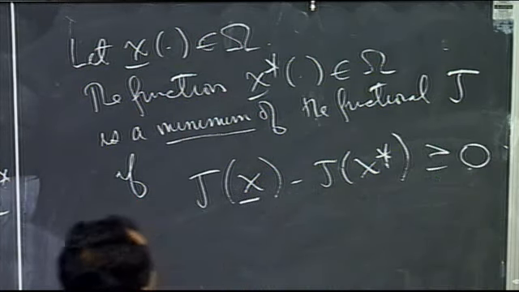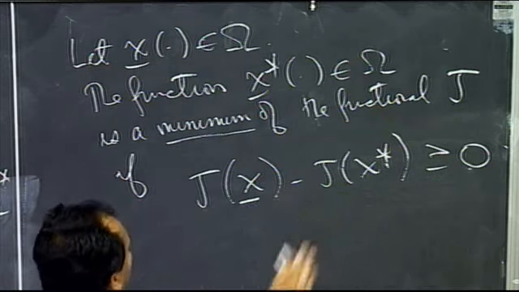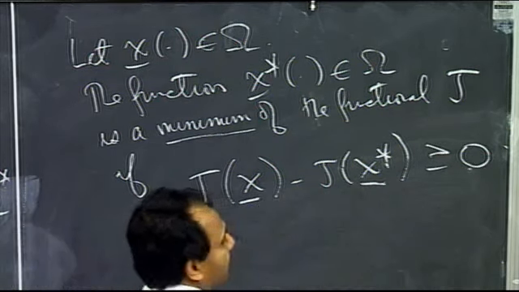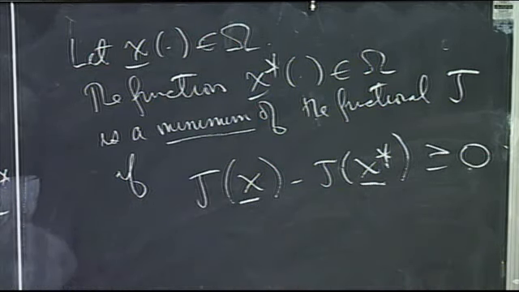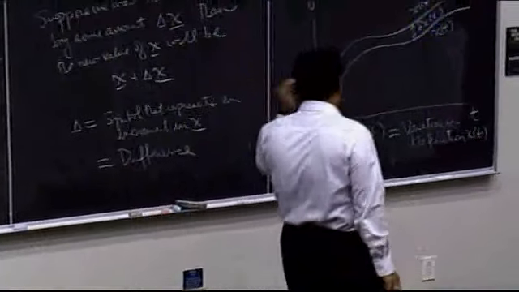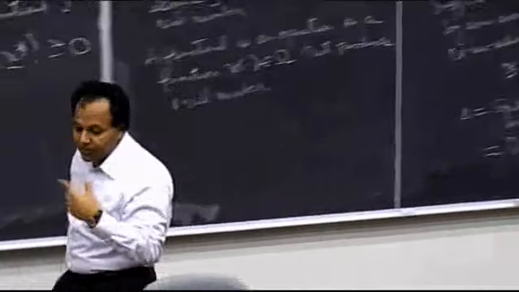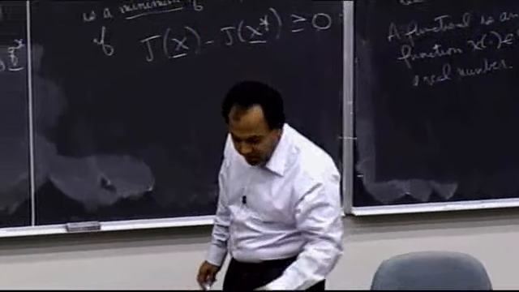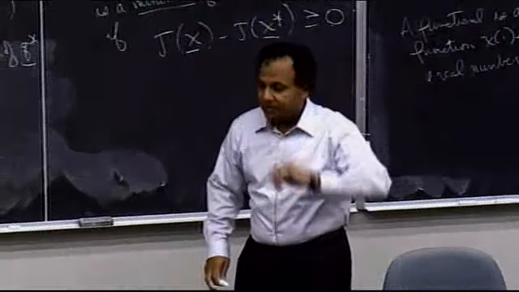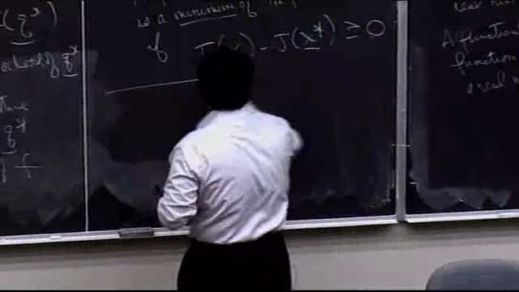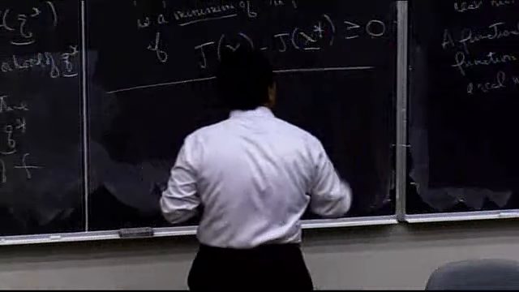Now notice that what goes in here is a whole function, not just a point. So I'm evaluating the whole function. And we're going to start by doing the basic problem in calculus of variations to do this. This now leads to the next thing I'm going to talk about, and then I'll do the basic problem.